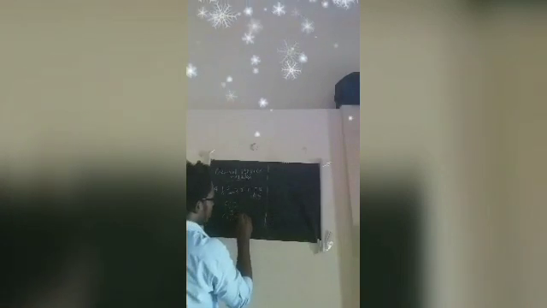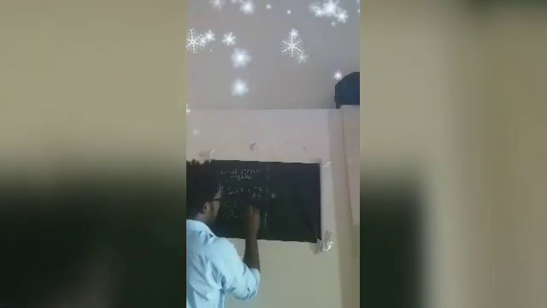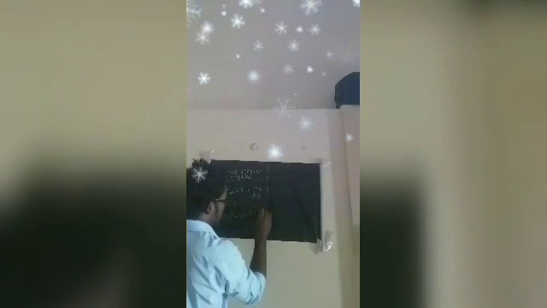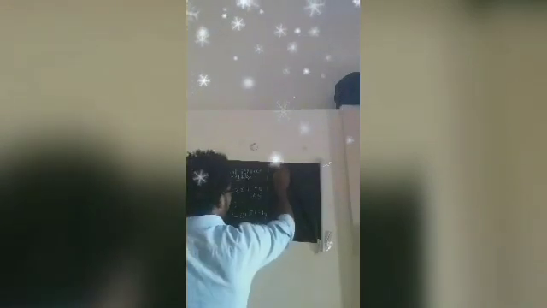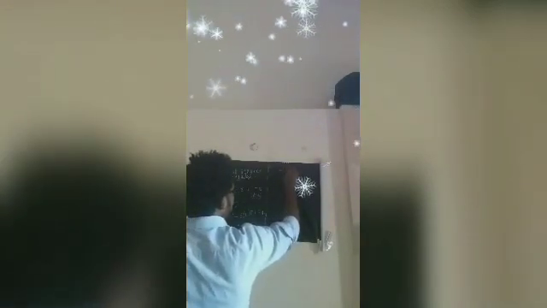So 1 means the x value: 1 cubed minus 3 into 1 plus 1. This means 1 minus 3 plus 1, which is 2 minus 3, so minus 1, which is less than 0.